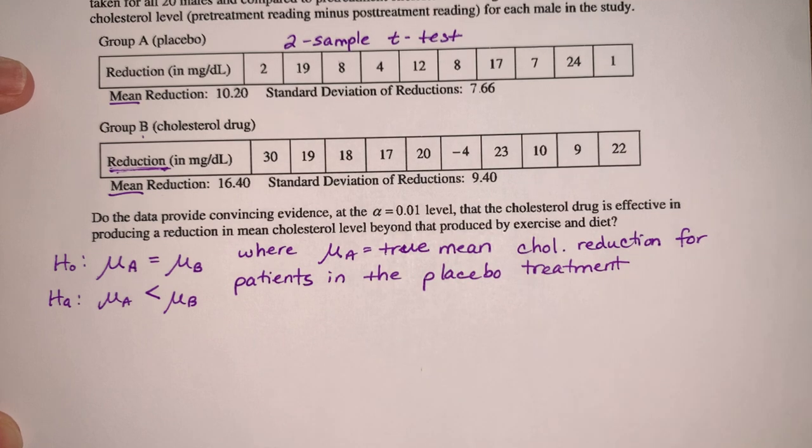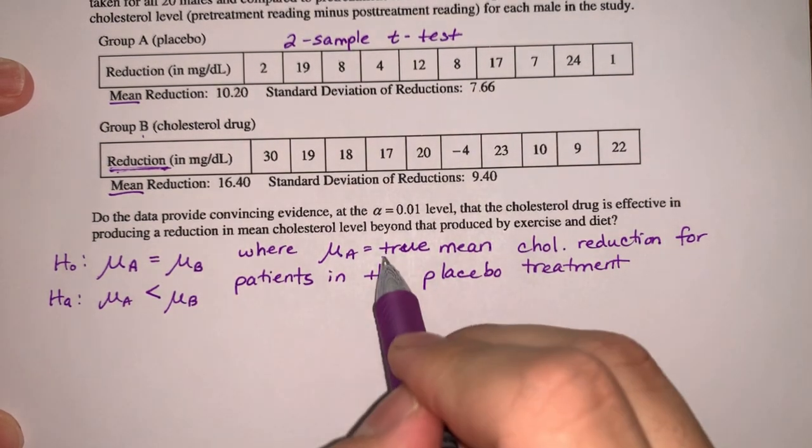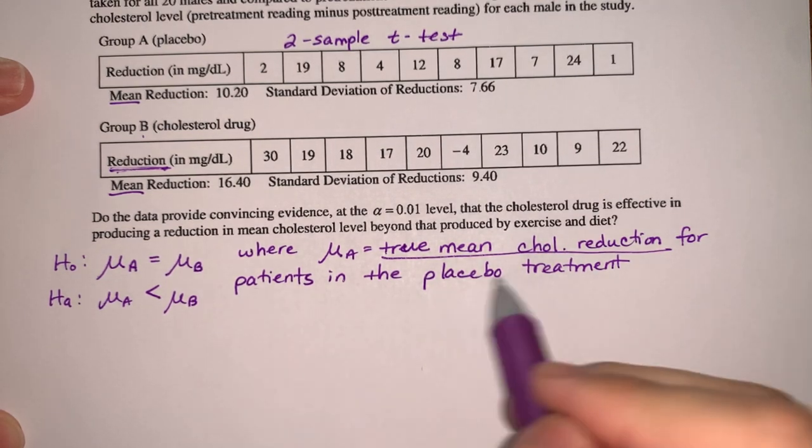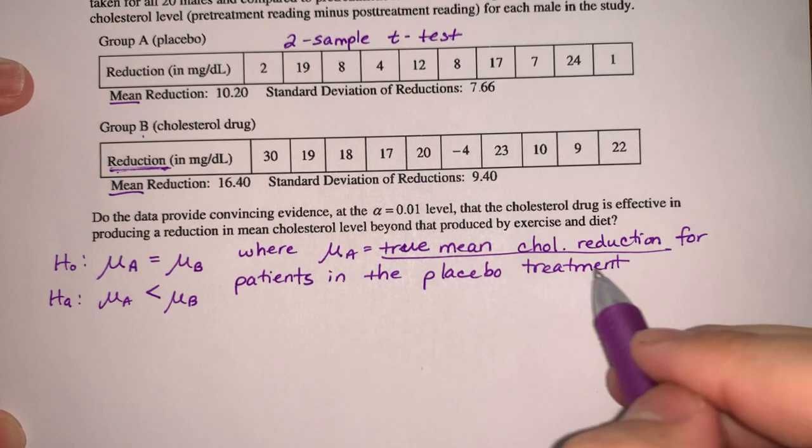Everyone's going to have their own way of phrasing this. This is how I want to phrase it. As long as you have this part, and it's pretty clear what group they're in, then you're pretty much good to go.